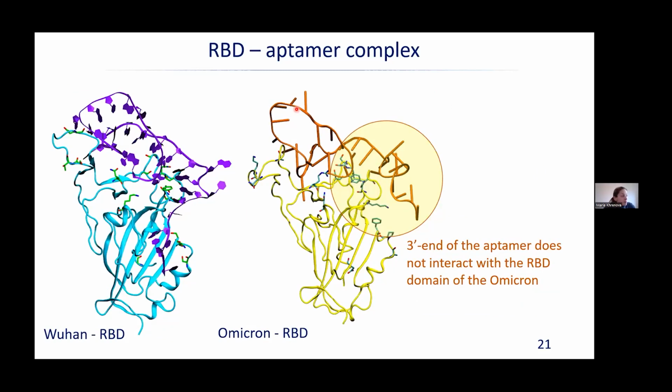And what we found is that the structure of the complex of the aptamer oligonucleotide with the RBD domain is stable and really very rigid during simulations, whereas in the case of the RBD domain of the Omicron strain, the right end does not interact with the protein.